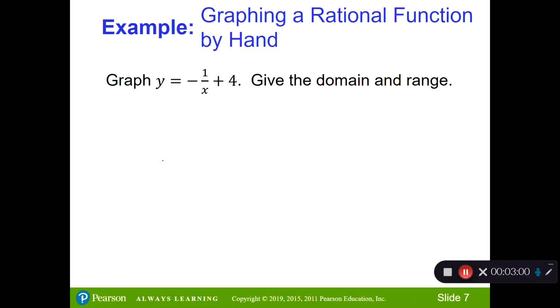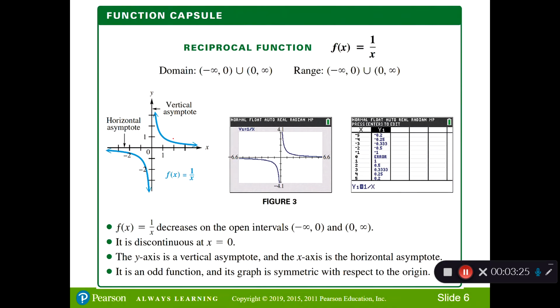Let's use that to graph negative 1 over x plus 4. Remember from our discussion of transformations, this flips the graph upside down, over the x-axis, because that negative is on the outside of the function. And this would shift up 4. I'm starting with the basic graph for 1 over x.